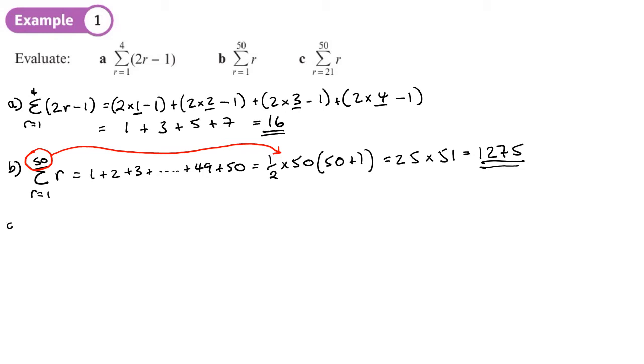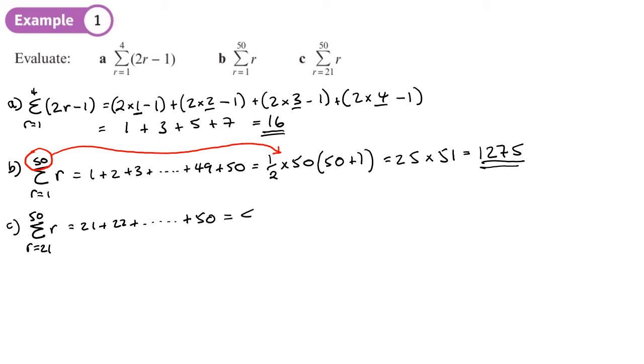And then part C, I'm finding the sum from 21 to 50 of r. Now this actually means 21 plus 22, up to 50. Now there's a little trick we can use.